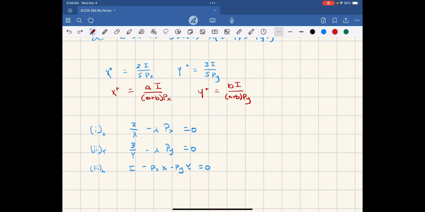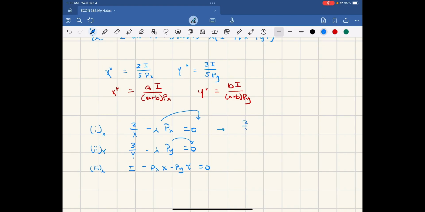So there's many ways you can solve it. One strategy is to solve each of these for lambda, and then set these equal to each other and go from there. The strategy I'm going to use is I'm going to bring this over to this side and then divide each of these equations.